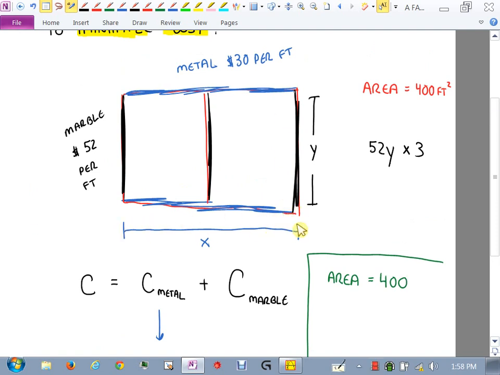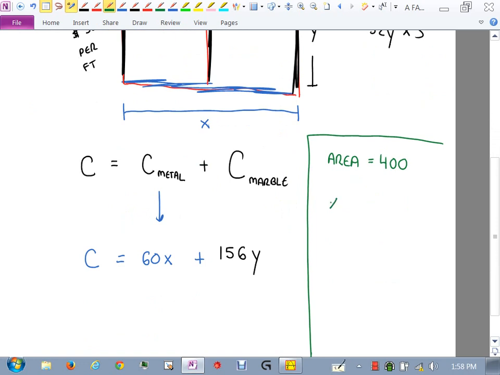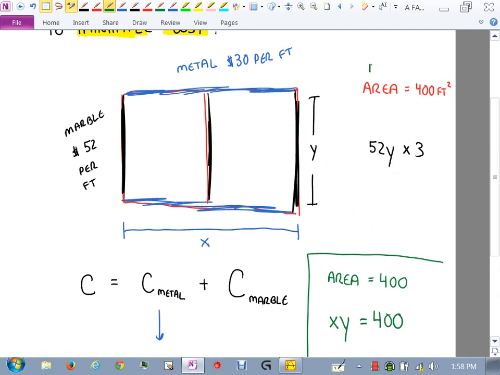It's just x times just y, right? The area of this whole enclosure has to be 400 square feet. So this x times that y should be 400. So I'm going to write that down over here. X times y must be 400. Total. Change that up there to total area.